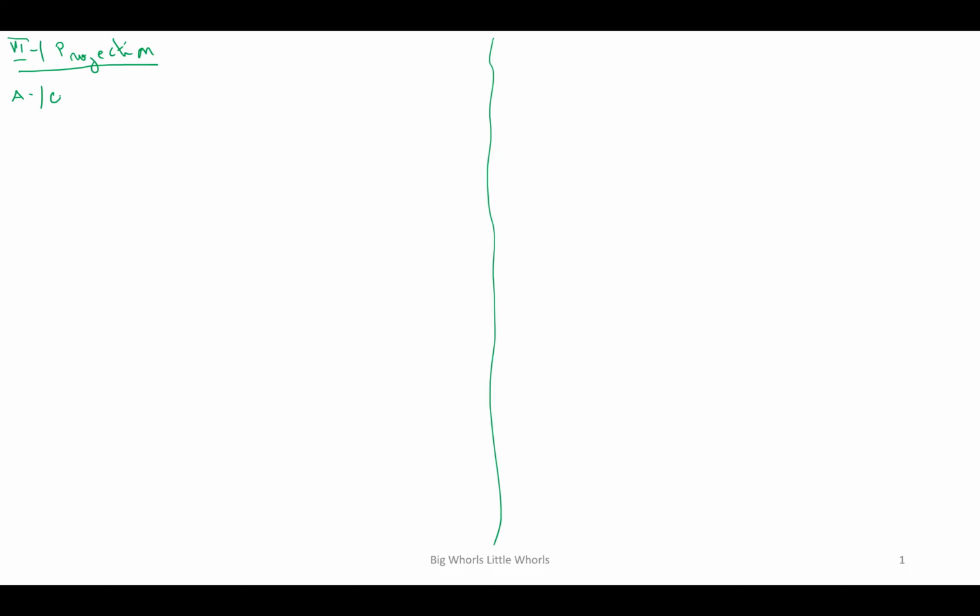Section A, orthogonal projection into a line. Here as well, I'm going to do the lecture and the tutorial all together. Okay, so let's start with the introduction.